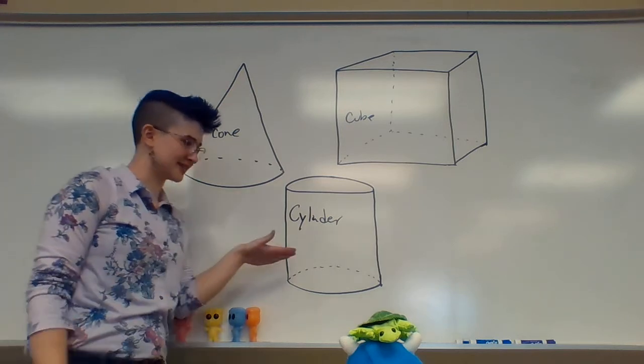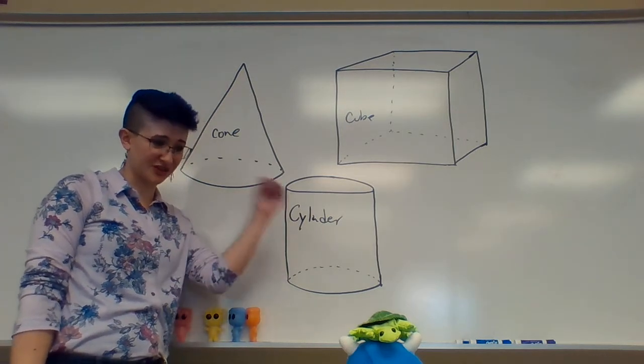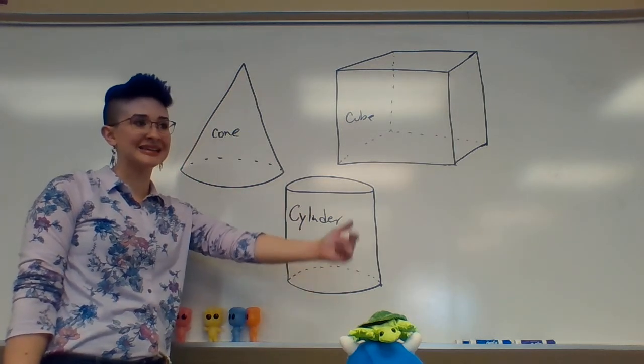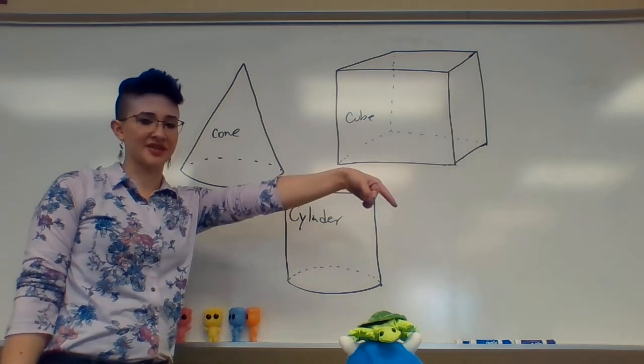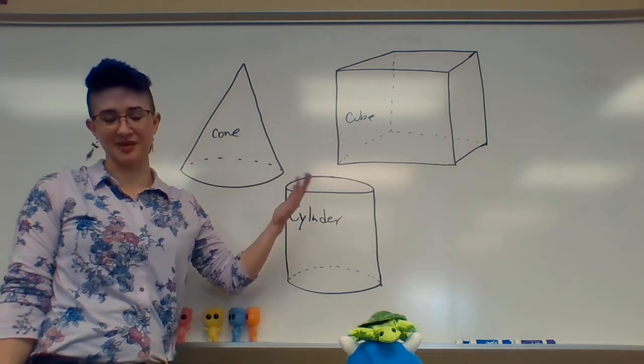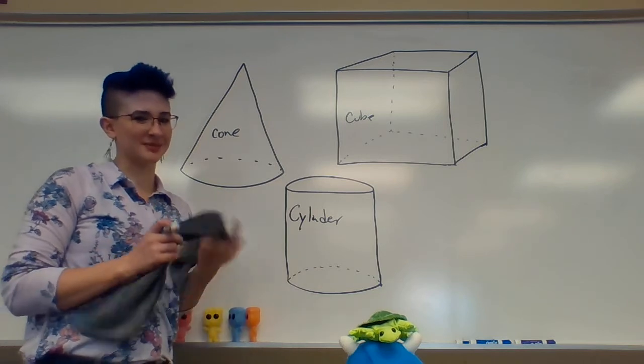Keep them in your notes, because you're going to deal with volume a lot next year and the year after that, until you're done with geometry, basically. So keep that in mind.